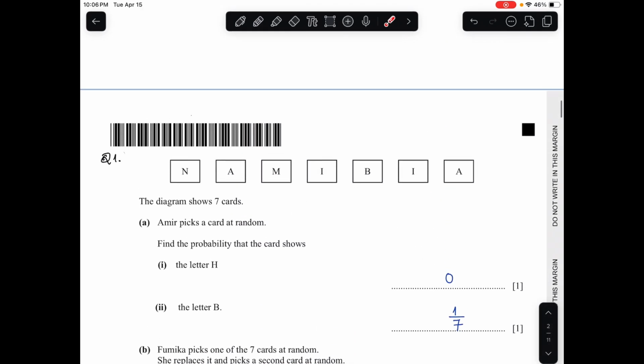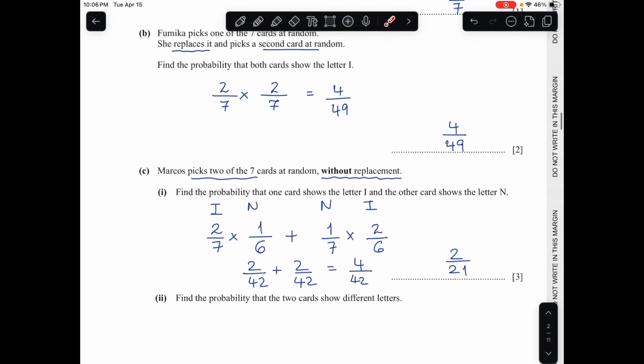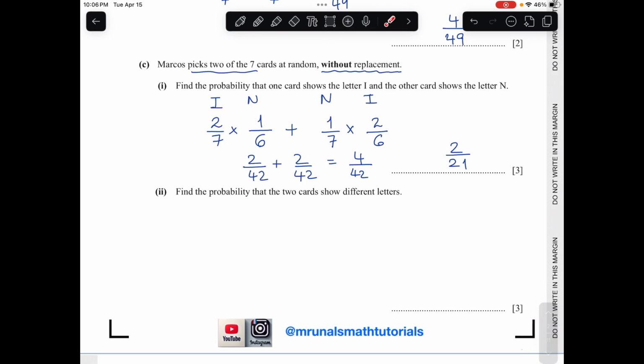Here we have 2 cards with the letter A and 2 cards with the letter I. The easiest way to solve this would be to choose 2 cards with the same letters, and then do 1 minus the probability of the cards with the same letter to get the probability of 2 cards showing different letters. So I'm going to calculate the probability that the cards show the same letter.